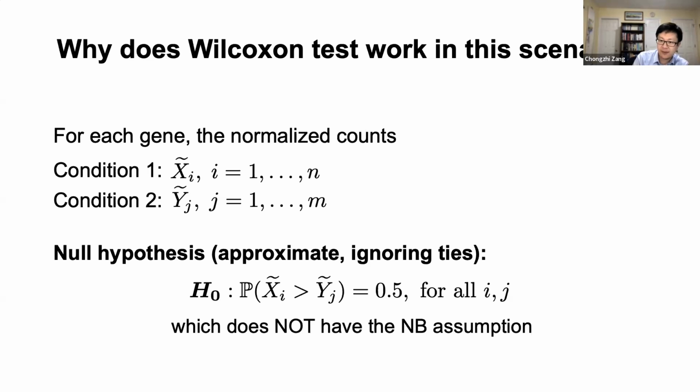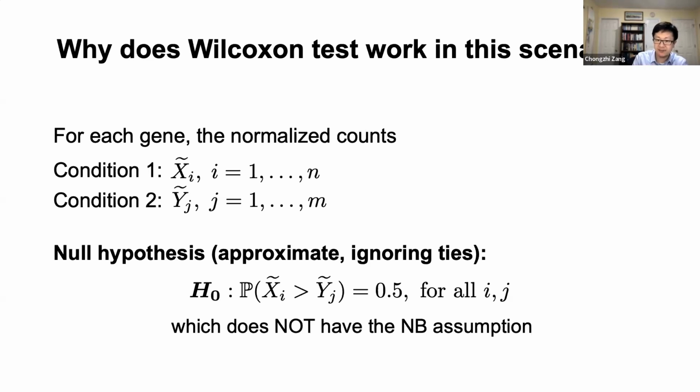So this paper actually proposed an alternative way, which is a much simpler approach. They just use the Wilcoxon test. Remember that the Wilcoxon test simply uses the ranks across the conditions, and the null hypothesis is that the rank of one being greater than or smaller than the other is equal.